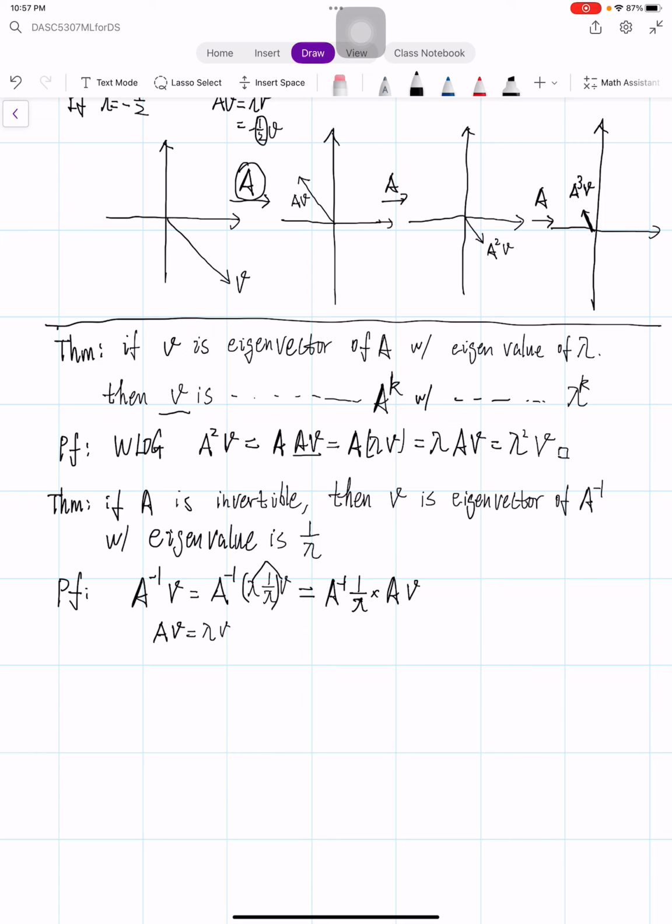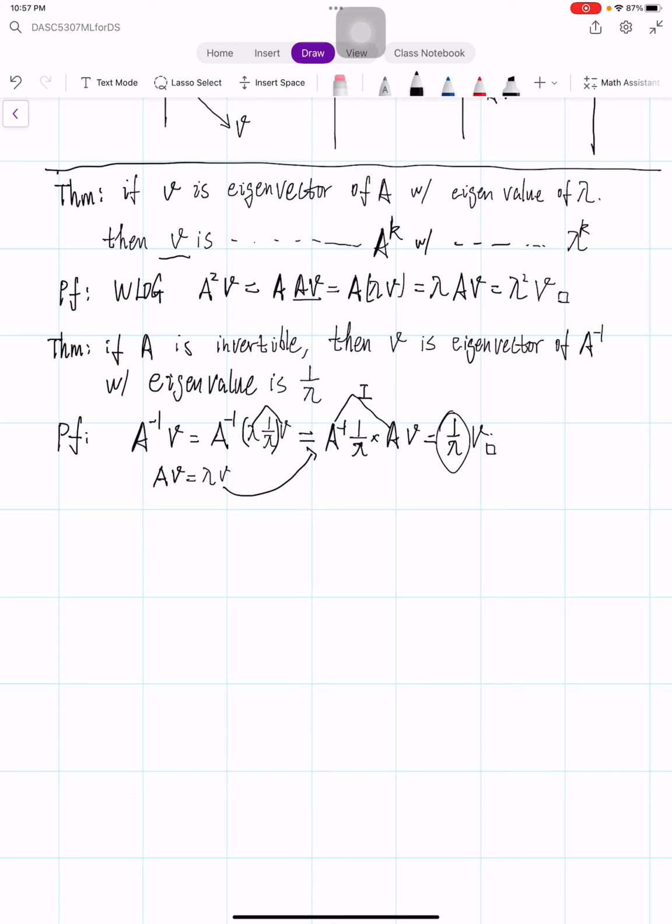Okay, because of this property, we have 1 over lambda nu, because A inverse times A gives you the identity matrix. So this shows the eigenvalue of the inverse of the matrix is the inverse of the eigenvalue of A.